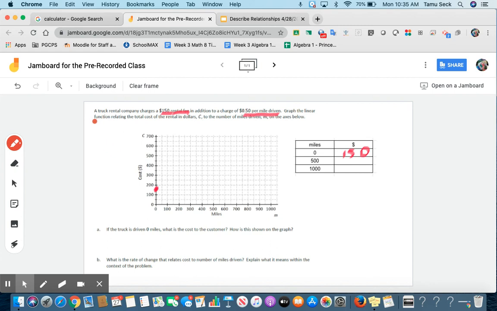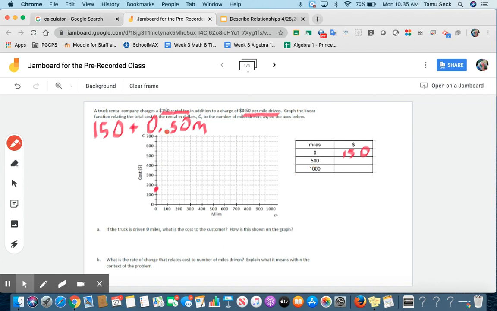So we can use the function 150 plus 50 cents per mile, where 150 is the y-intercept and the slope is 50 cents per mile. So let's go to our calculator. We're looking at 500 miles.